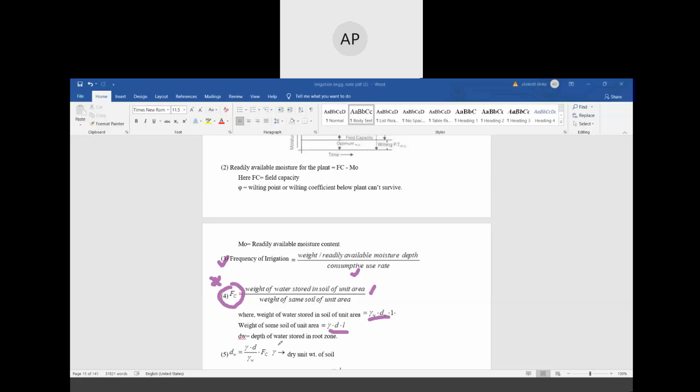dW is the depth of water stored in the root zone.